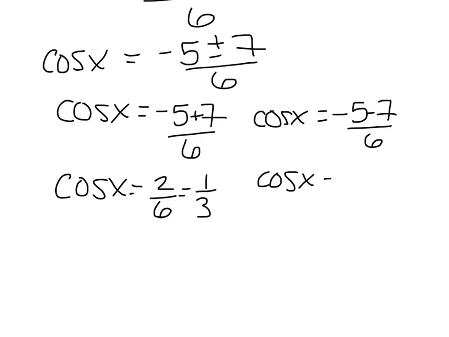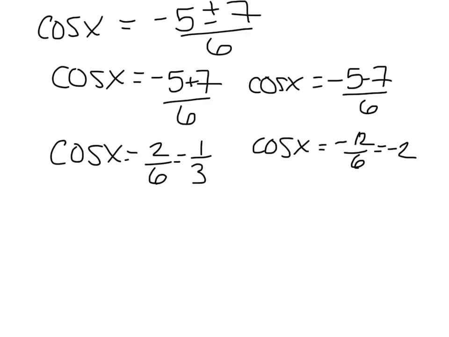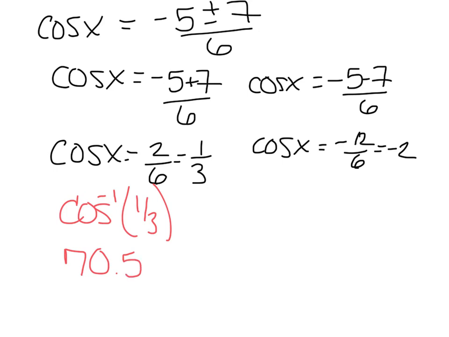And cos x equals negative 12 over 6, which is negative 2. Now, these are not ones from our table, so you have to do inverse cos to get your answer. Inverse cos of 1/3, you're just typing in your calculator, and I think it said to the nearest tenth. I've got 70.5.